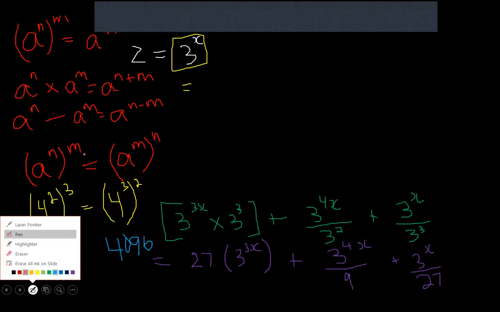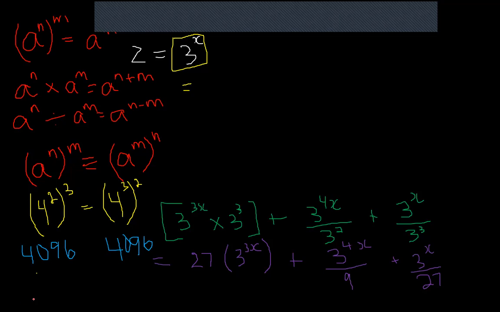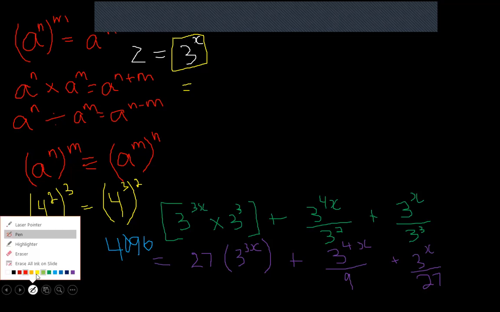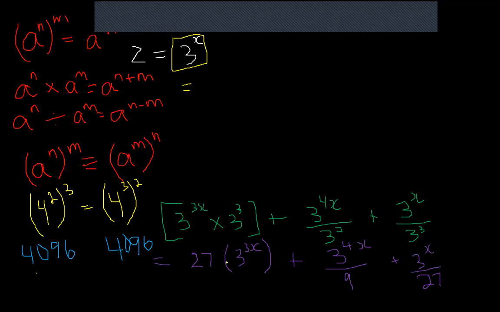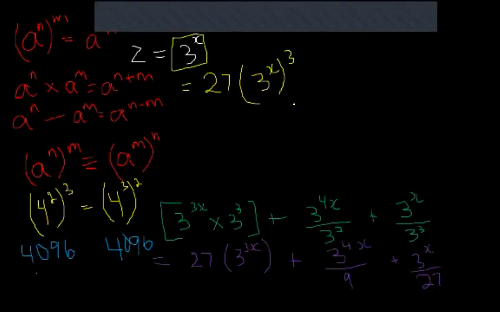So let me use the equivalence. I could apply that rule here now. I could say 27 times 3 to the power of 3x is the same as saying 3x, all raised to the power of 3.